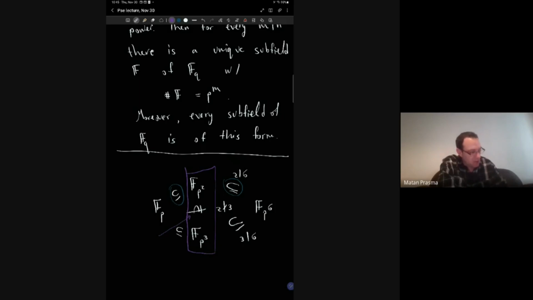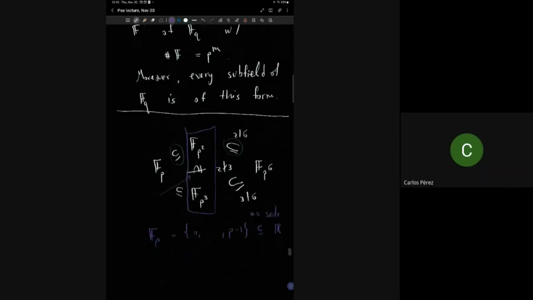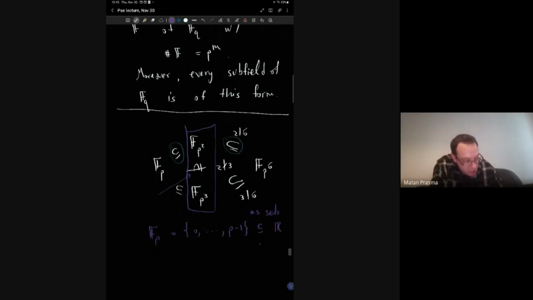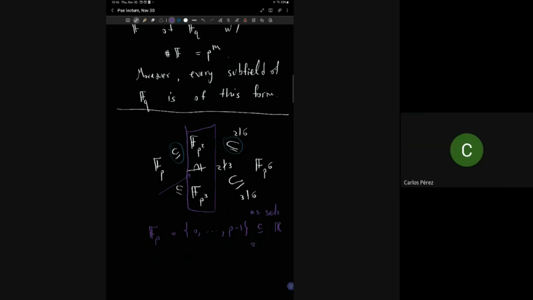For example, F_p in our definition is just the numbers 0 up to p minus 1, so it is included as a set in the real numbers. The real numbers contain 0 up to p minus 1. But this is not a subfield inclusion. Okay, I see. Fair enough.